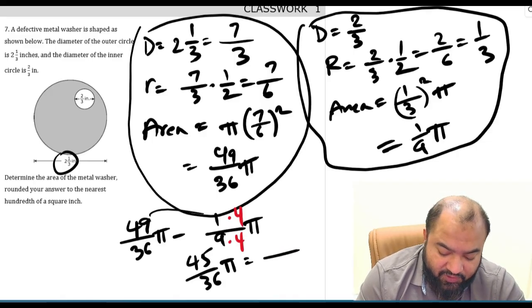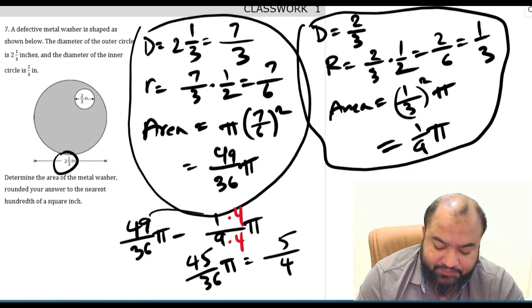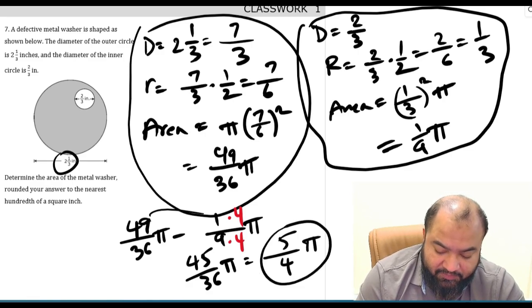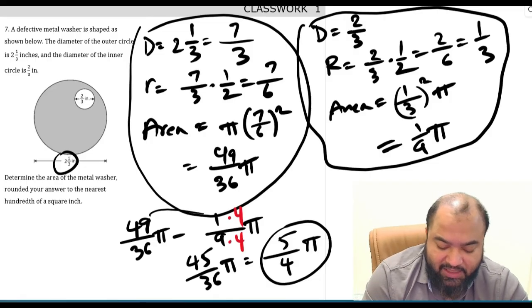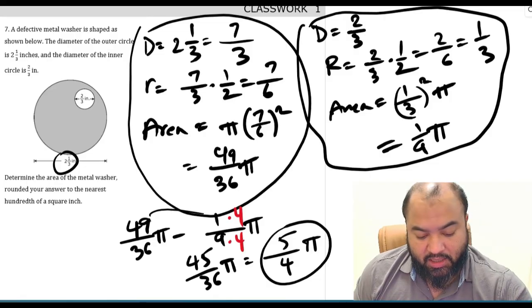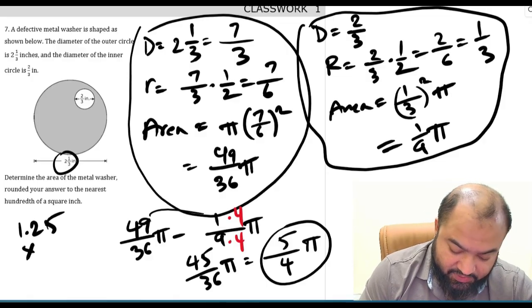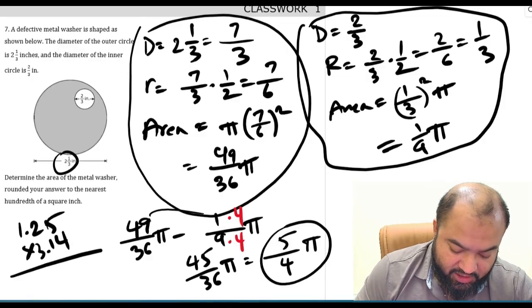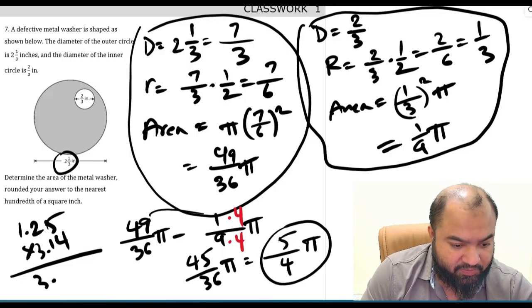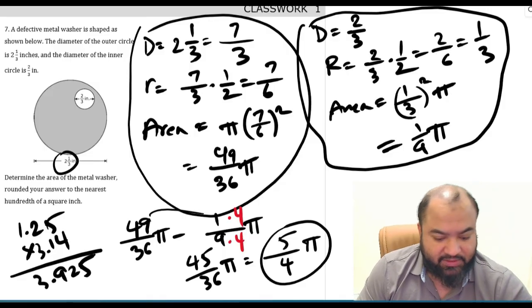So 9 goes into 45 5 times, 36 4 times. 5/4 pi. Now pi means 3.14 and 5/4 means 1.25. 1.25 times 3.14. You do the math, the answer you get is 3.925. It's supposed to be that.